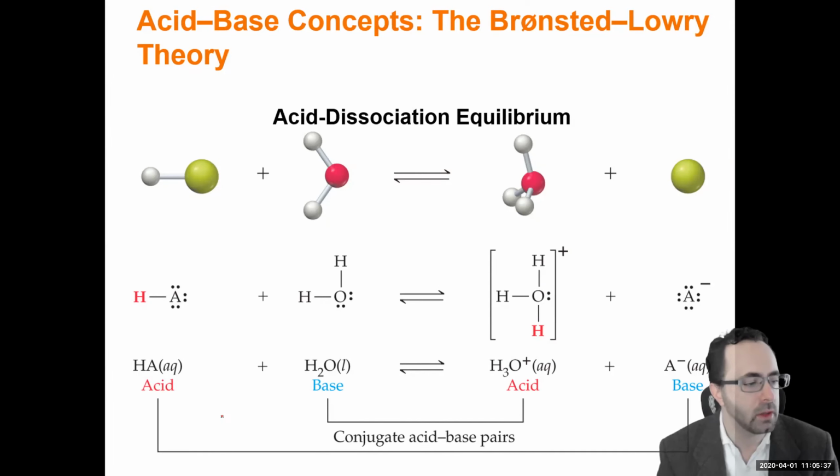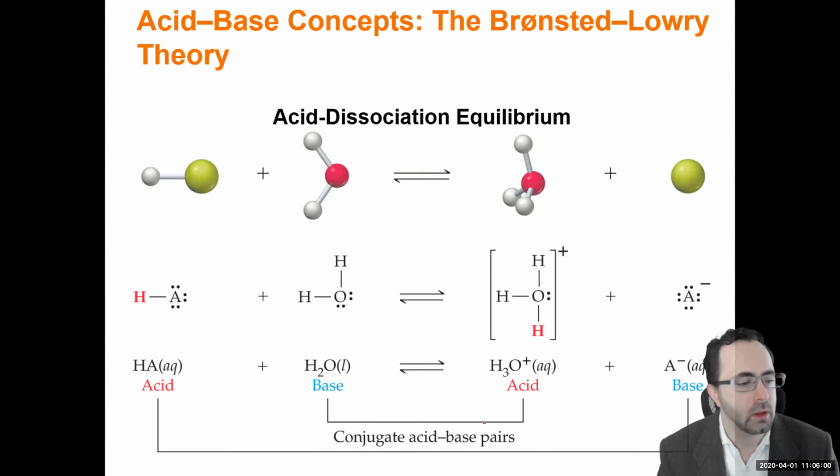And remember the definition of conjugate acid-base. Here HA is the acid because it's providing the H plus. What you have left after the H plus is gone is called the conjugate base. For the water, in this case, it's acting like the base. When it picks up an H plus, now you have hydronium. That's what water makes when it gains an H plus. So that is called the conjugate acid.